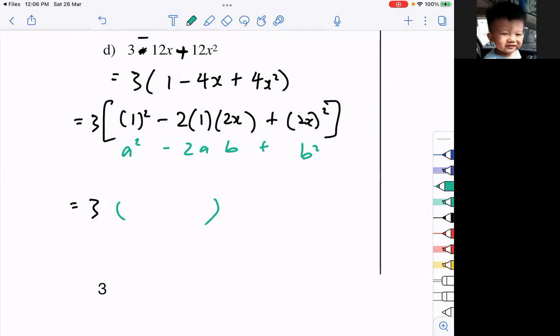This is the expansion of the second formula, you have to factorize it. What is the original form of the second formula?